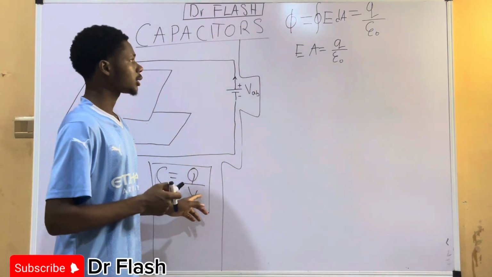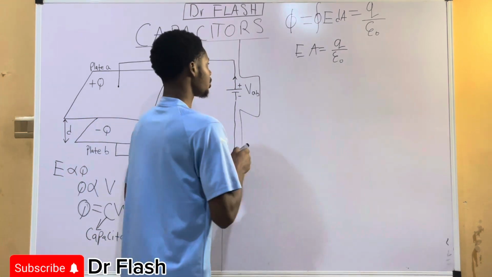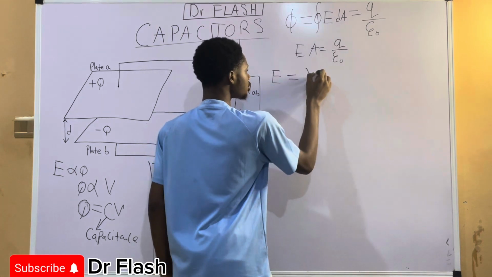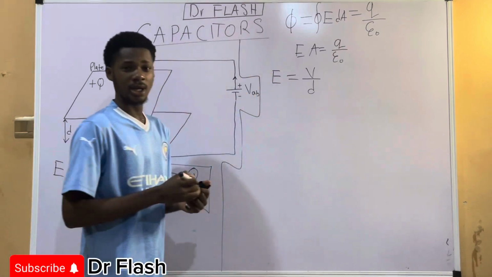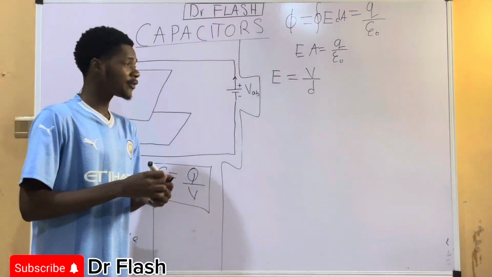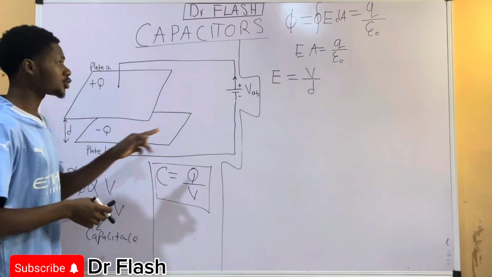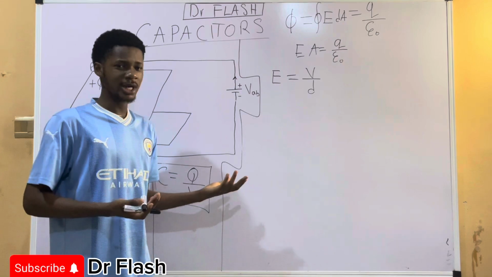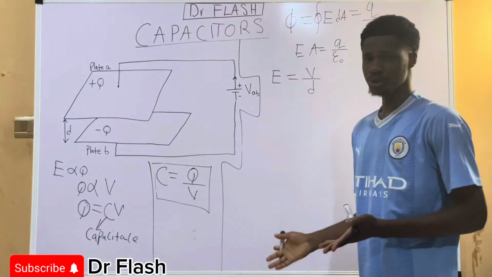Now, electric field intensity and electric potential have a relationship: the electric field intensity is equal to the electric potential divided by the distance between two surfaces having electric fields between them. So the electric field between these plates is equal to the electric potential divided by the distance between the plates. Now let's see how we can manipulate these and then substitute into C.